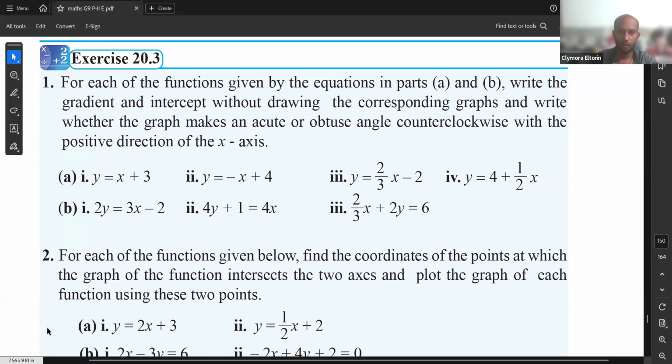For each of the functions given in the equations of part A and B, write the gradient without drawing the corresponding graphs, and write whether the graph makes an acute or obtuse angle counterclockwise with the positive direction of the x-axis.